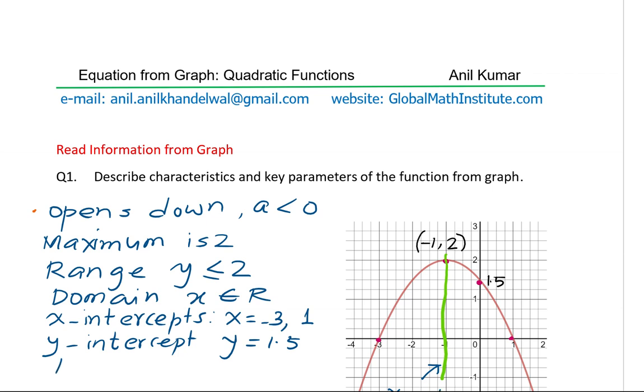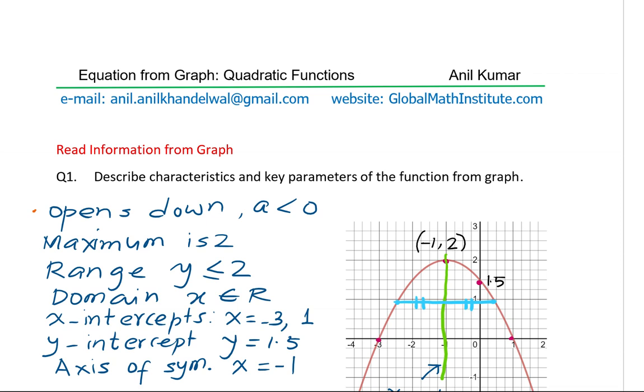So we can write down here, axis of symmetry, in short, x equals minus 1. When we say it is symmetric about this axis, it really means that if I have any point on the left side of this, then we'll have a mirror image on the other side.